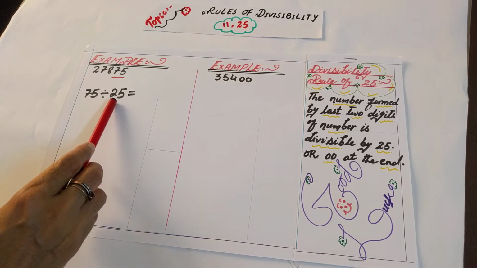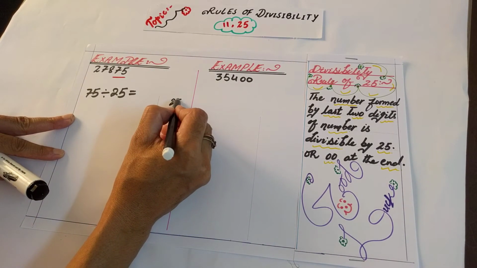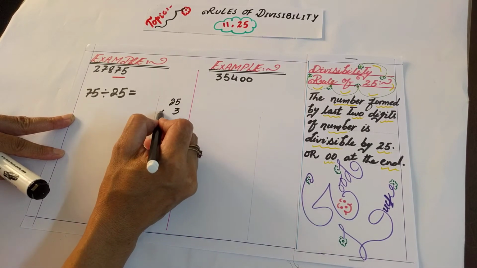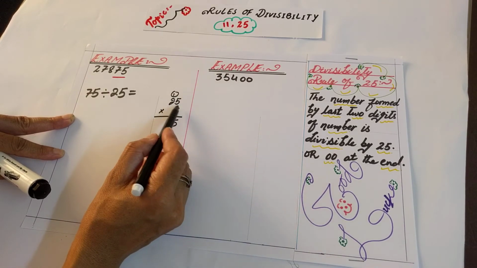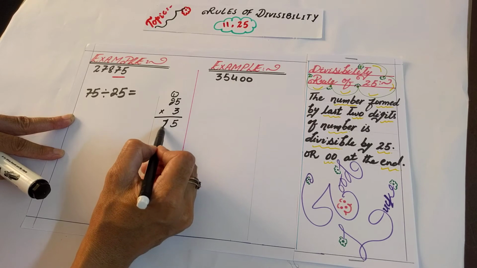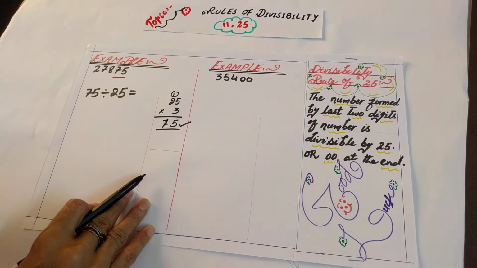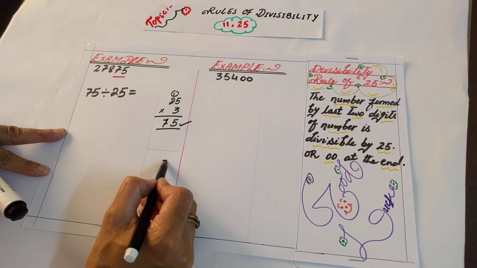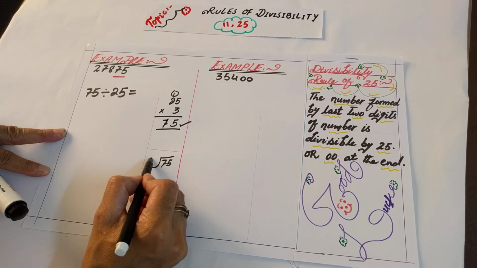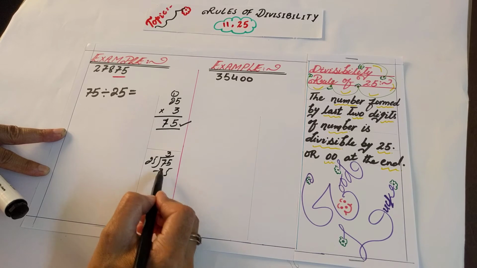You can check the table of 25. Directly by the table of 25, you can check the divisibility. Like 25 multiplied by 3: 5 threes are 15, 3 twos are 6, 6 plus 1 is 7. It means 75 is divisible by 25. Secondly, you can divide 75 by 25. 25 threes are 75.